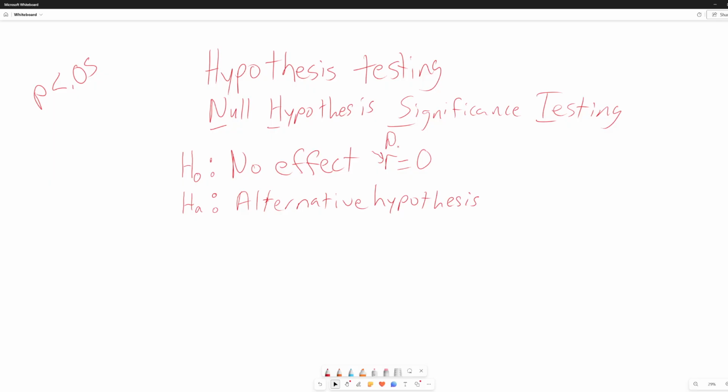But again, a lot of my students in intro level statistics are thinking about r values when you think of a correlation. So the null hypothesis would state that there is no significant effect. If you were doing an experimental study where you're comparing your experimental group to your control group, this would basically say that the experimental group is equal to the control group.